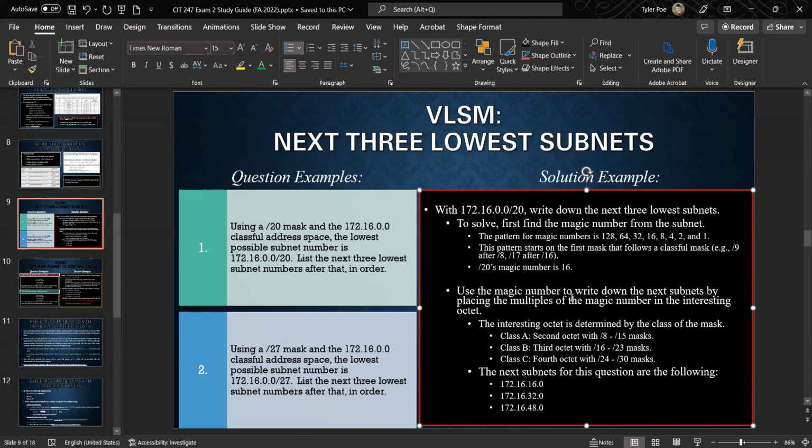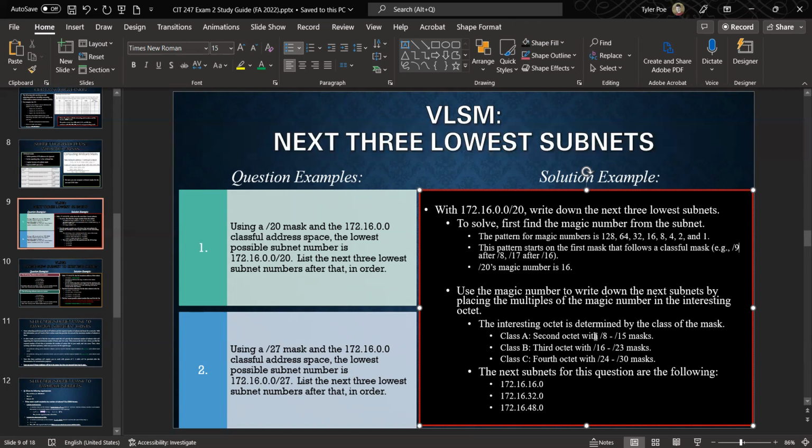So use the magic number to write down the next subnets by placing the multiples of the magic number in the interesting octet. That's going to depend on the class of this mask. I would recommend writing down these ranges: /8 to /15, /16 to /23. They tell you what class these masks are in.